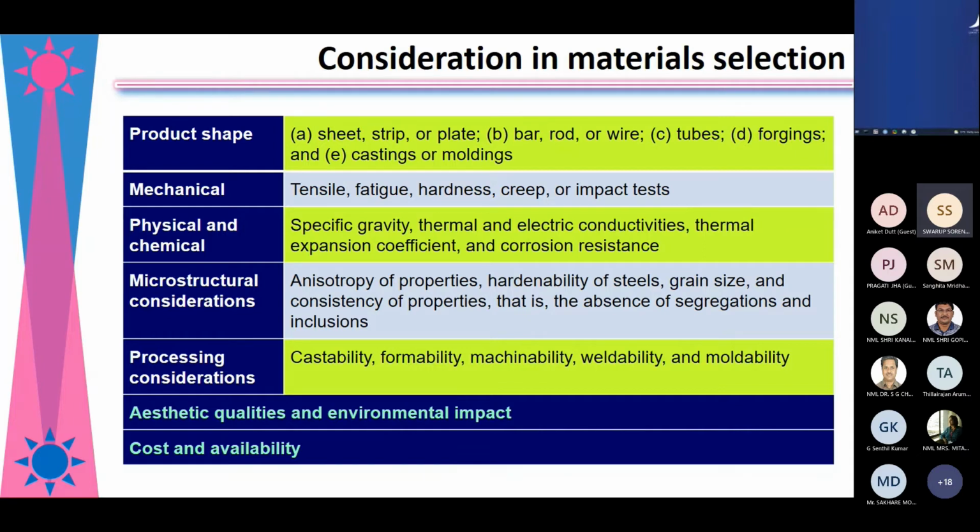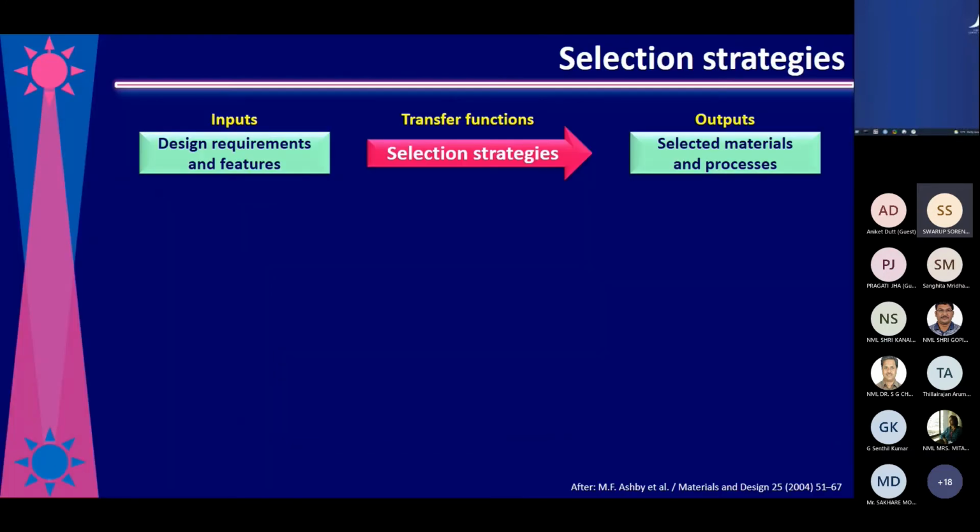So what should be the strategies for material and process selection? Here, generally, we have one input, a transfer function, and output. This is a selection strategy. This determines what the output would be.